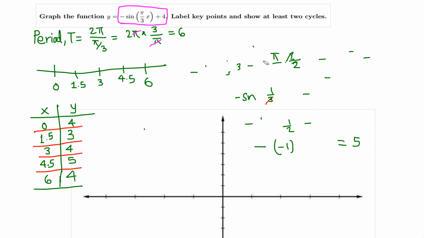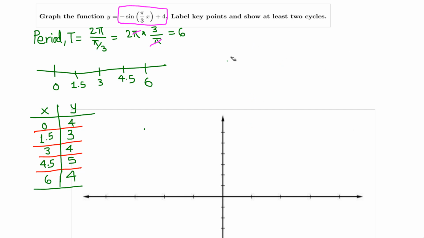So we need to know the basic graph of sine first, then we go from there. If we look at the question, it's negative sine x plus 4. Let me start with sine x. We know the graph of sine x, it is just like this. Then negative means we need to flip.